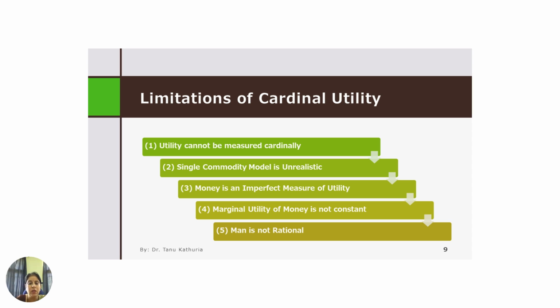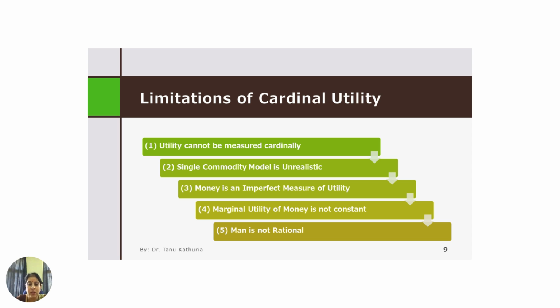Marginal utility of money is not constant at all. Nobody wants money to fall. I always want more and more money. So my utility from money will never reach its maximum or fall, and hence money's utility will never be constant. Man is not rational.